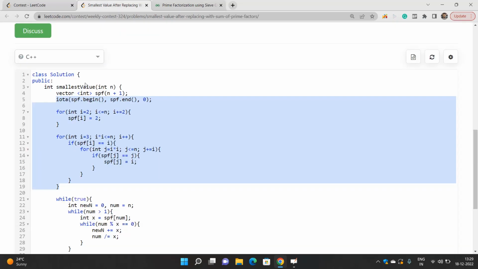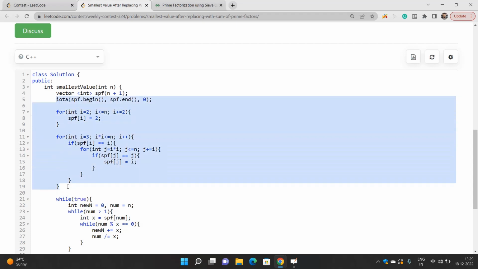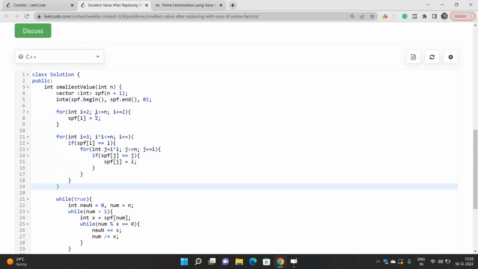This entire part just stores the smallest prime factor for each number. So if SPF of 8 is a certain number x, x will be 2, because the smallest prime factor of 8 is always 2. That's what we are trying to store. For each number in the range from 1 to n, we store the smallest prime factor. So this is the code for that part.